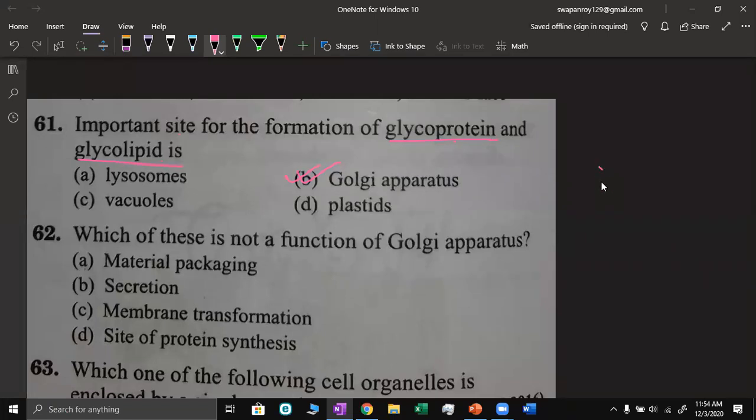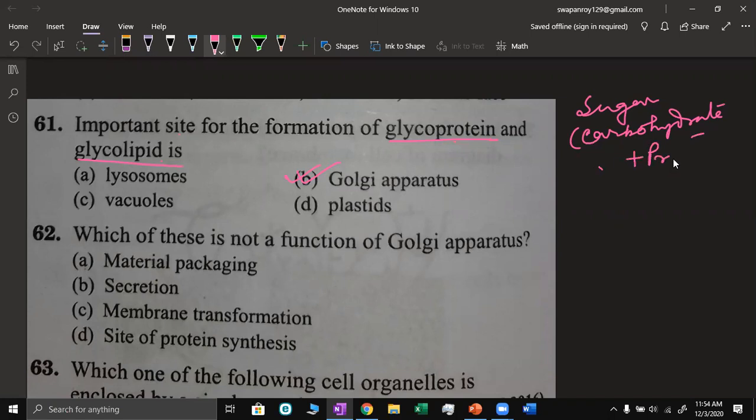and glycoprotein. These things actually, glyco is sugar, okay? Sugar, or it is carbohydrate. And then there is protein.